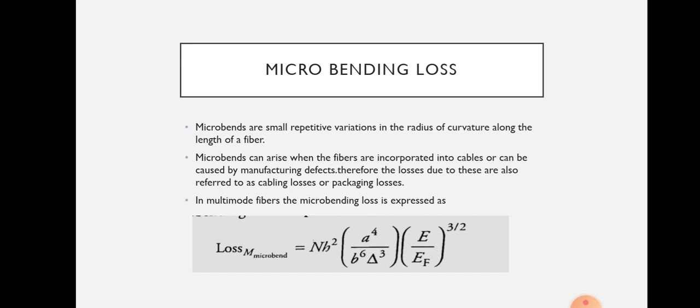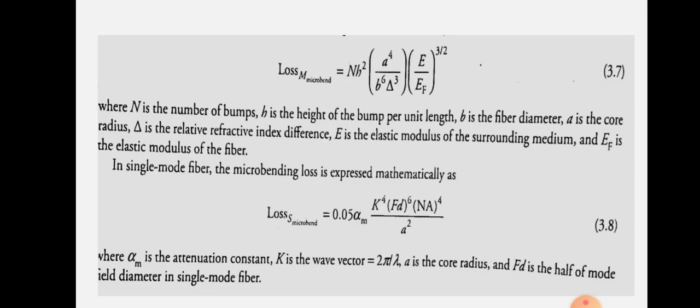In the case of multimode fibers, the microbending loss is expressed by the equation: loss_m (microbend), where m is multimode, is equal to N times h squared times a raised to 4, divided by b raised to 6 times delta raised to 3, times (E/E_f) all raised to 3/2. This is the microbend loss equation.